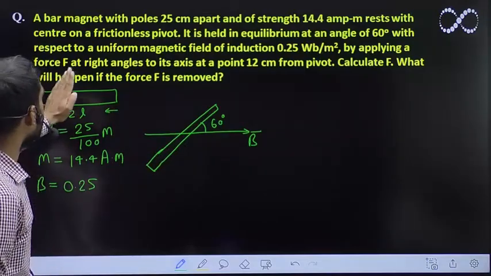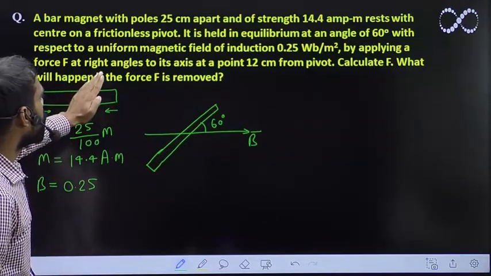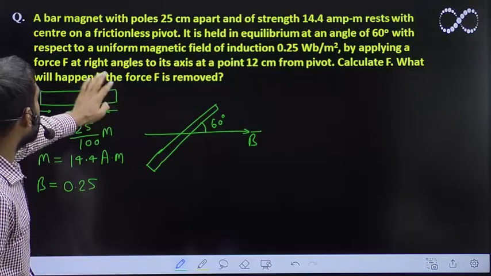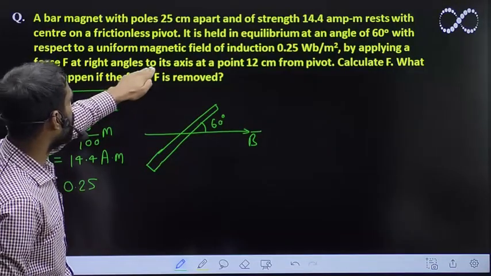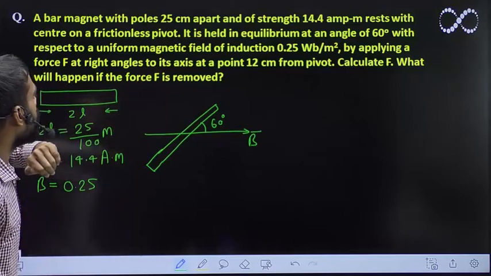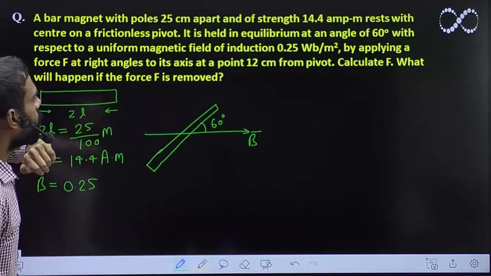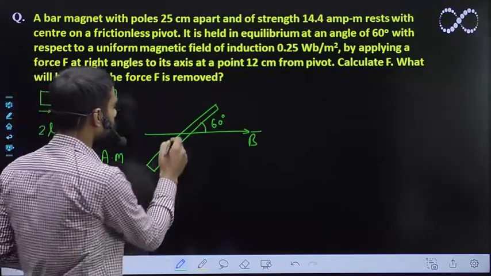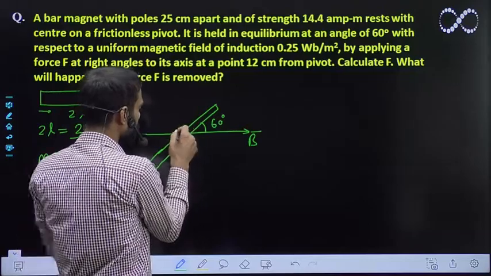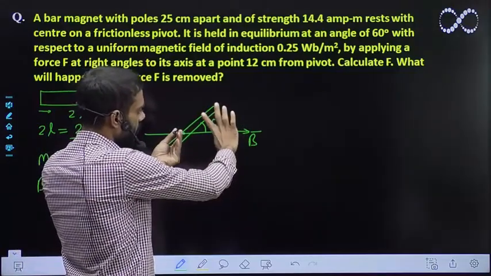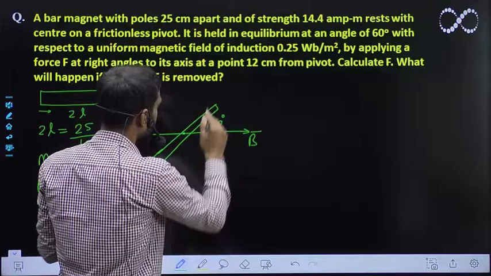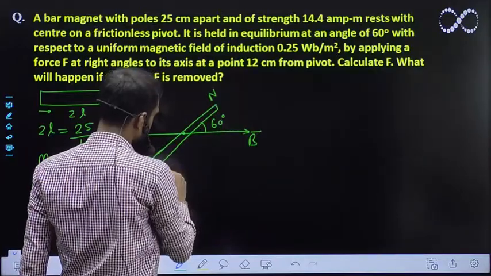By applying a force at a right angle to its axis, at a point 12 centimeter from the pivot. So the axis is this, and the force is at a right angle to the axis like this. Let us take this as north and this as south.